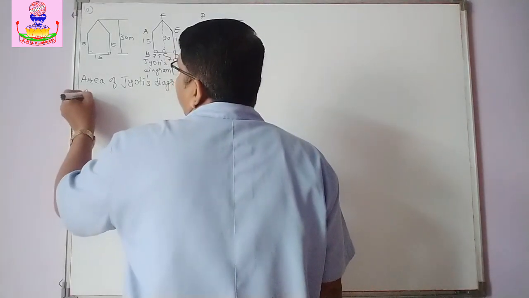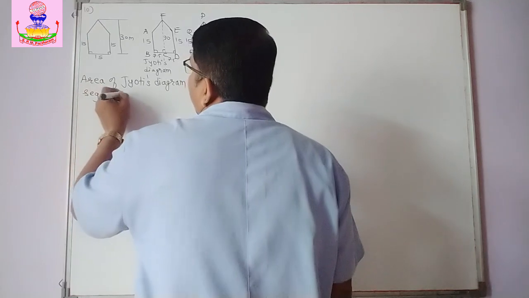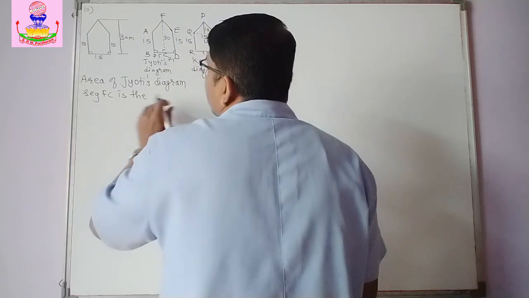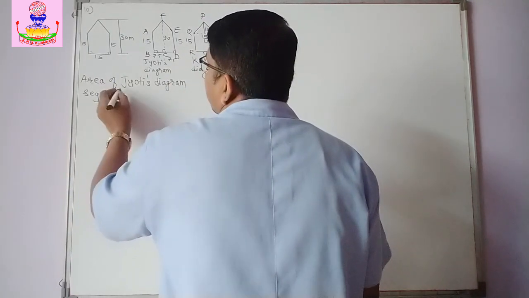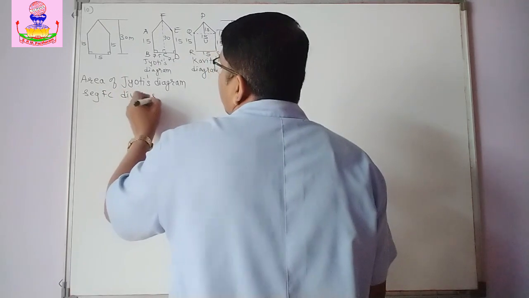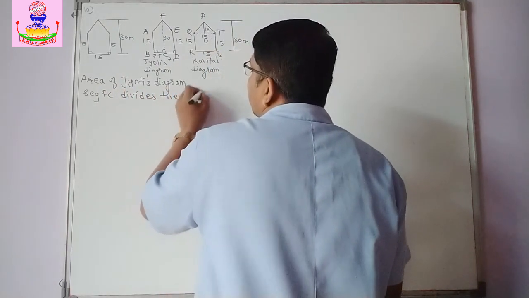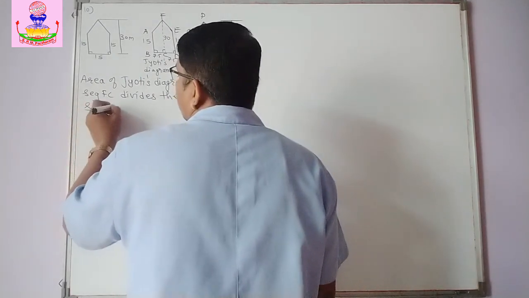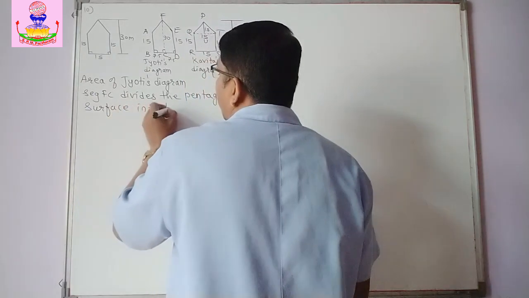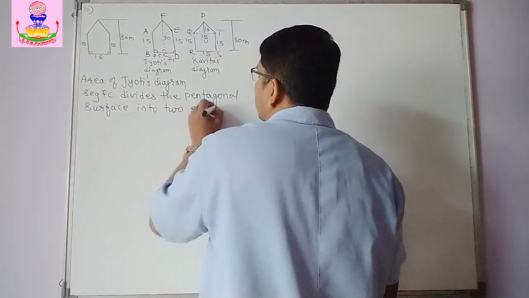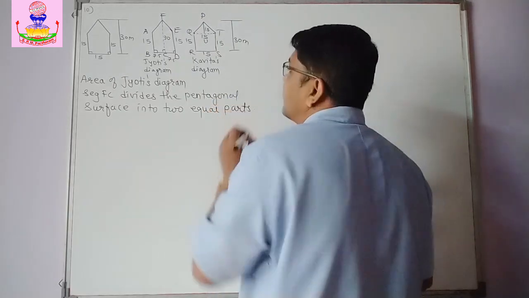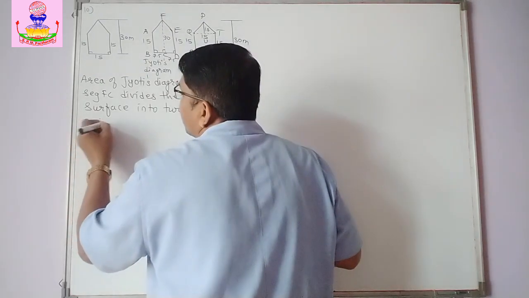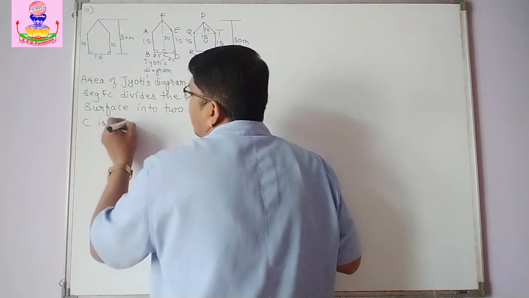Okay, now here we will say segment FC divides the pentagonal surface into two equal parts. Okay, C is the midpoint of segment BD.